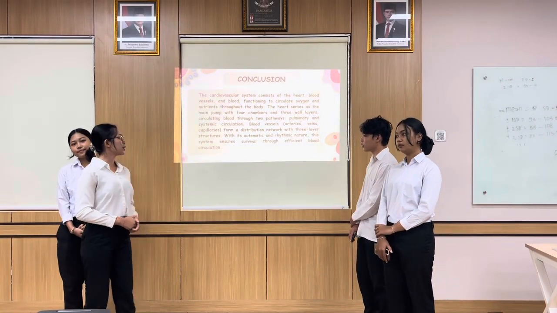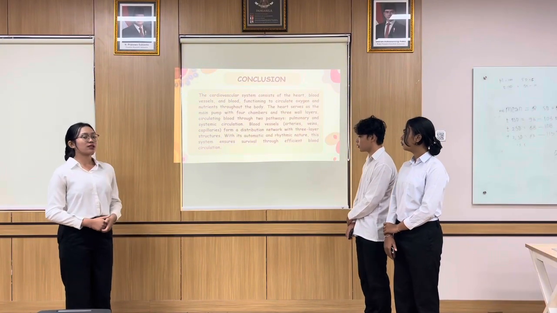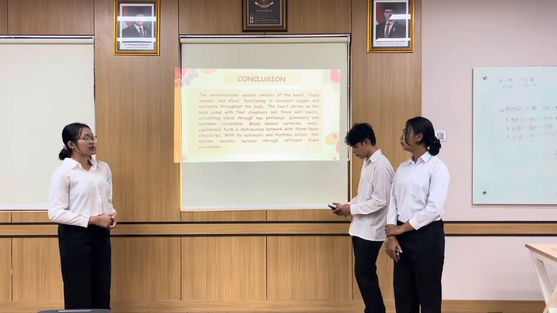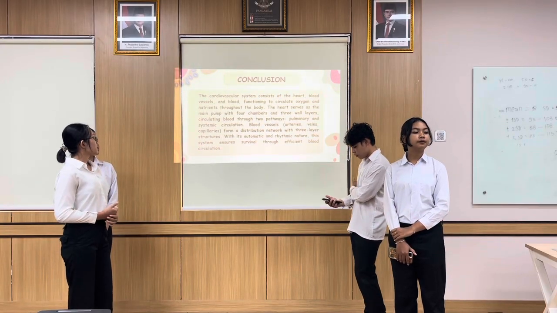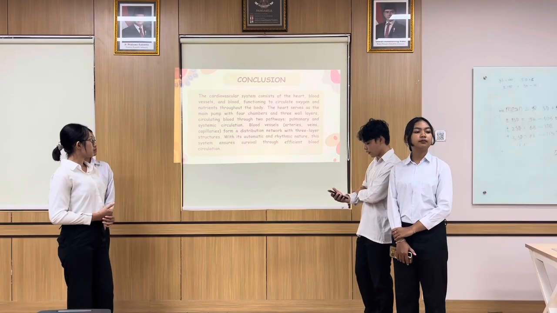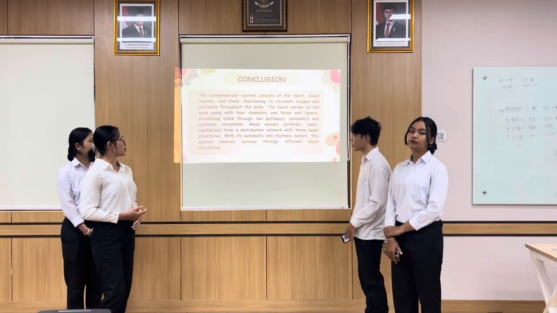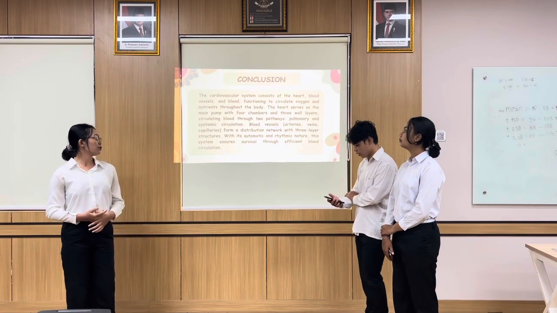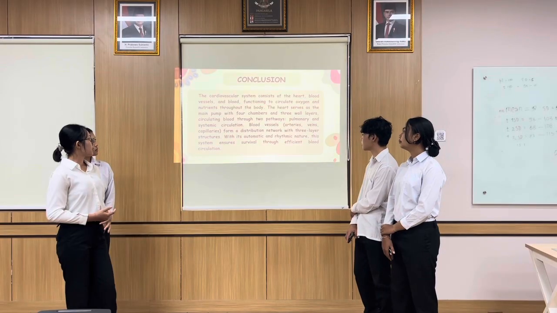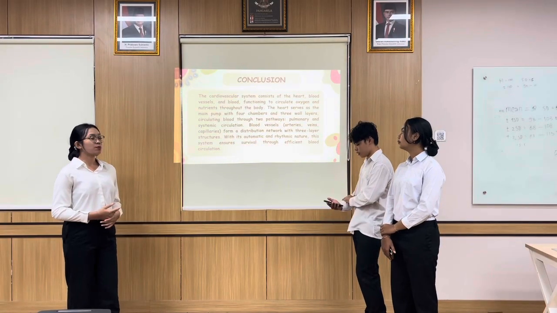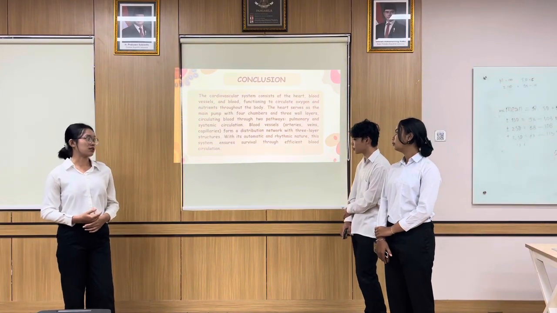So we finally arrive at the conclusion. The cardiovascular system consists of the heart, blood vessels, and blood, functioning to circulate oxygen and nutrients throughout the body. The heart serves as the main pump with four chambers and three wall layers, circulating blood through two pathways, pulmonary and systemic circulation.